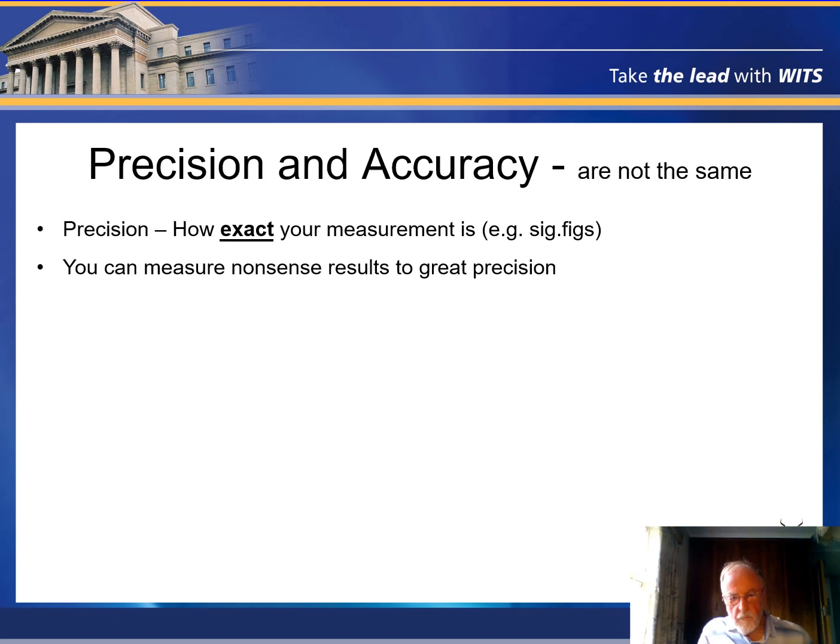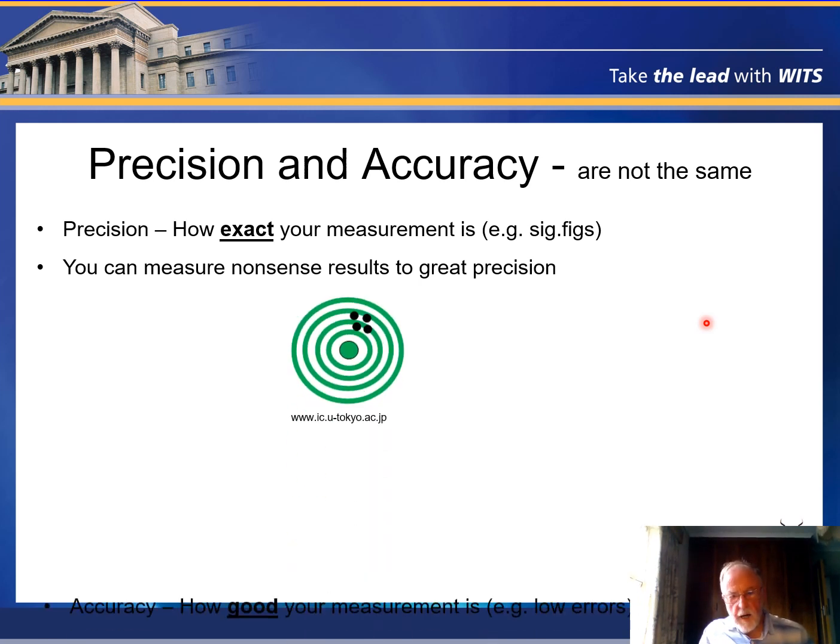Two things that we often talk about are precision and accuracy, and they're not the same thing. The precision is how exact your measurement is, for example, how many significant figures you were able to quote it for. But you can measure nonsense results to a very high precision.